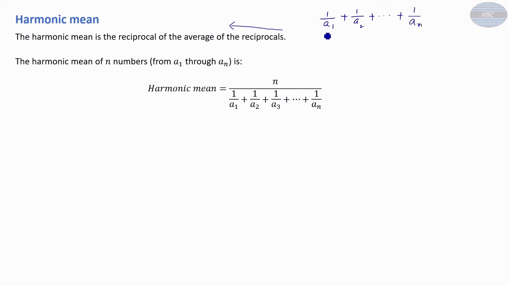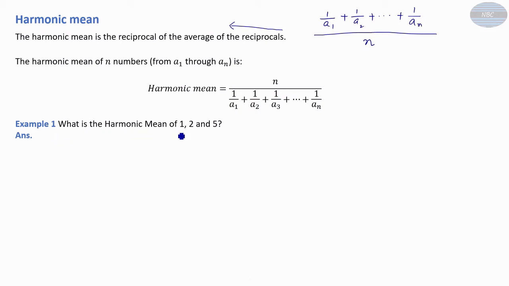Now we find the average of those reciprocals, that is n. Now again you find the reciprocal of this average, so this n will go to the numerator and this sum will go to the denominator. So this is the formula for the harmonic mean: n divided by the sum of the reciprocals of all the numbers. Okay, so come to an example here.